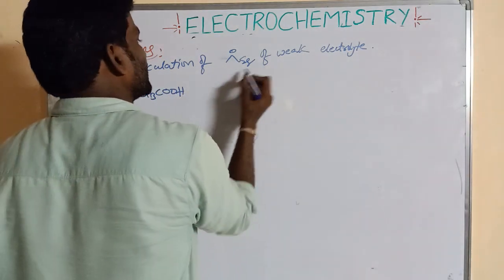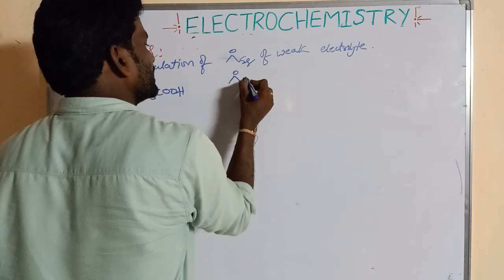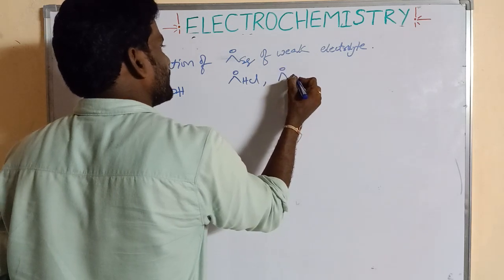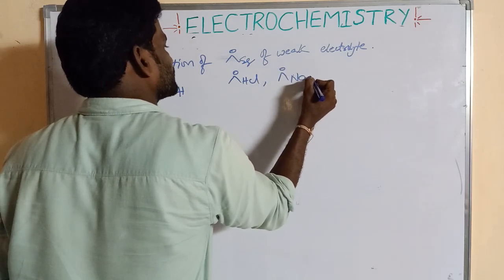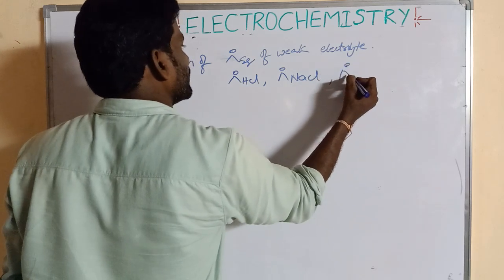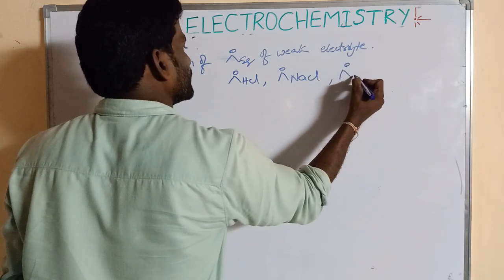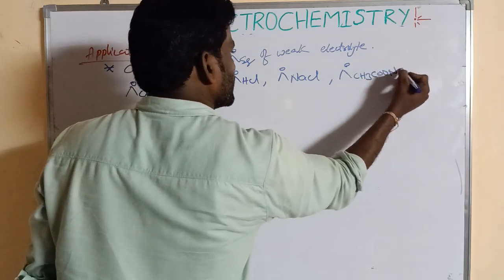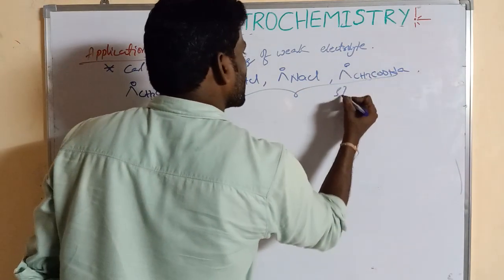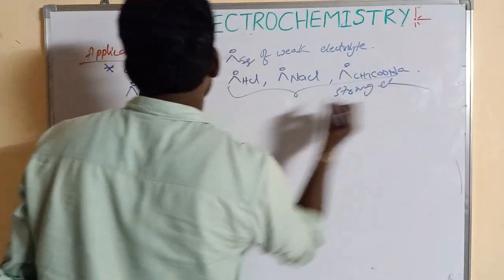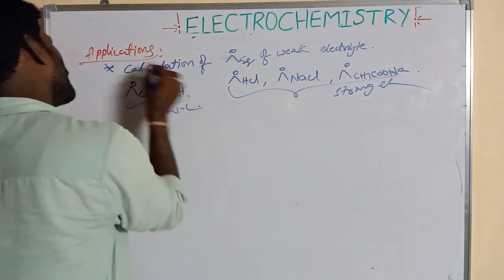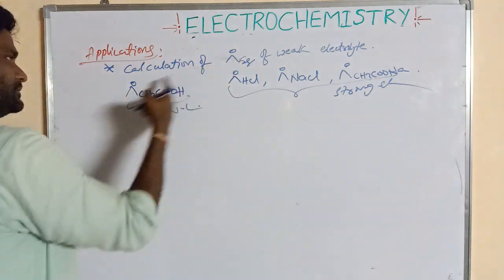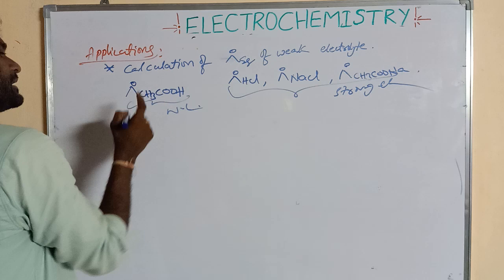We can take a weak acid, and strong electrolytes like HCl, NaCl, and sodium acetate. So these are strong electrolytes and this is the weak electrolyte. So how to calculate the limiting molar conductivity or limiting equivalent conductivity of the weak electrolyte?